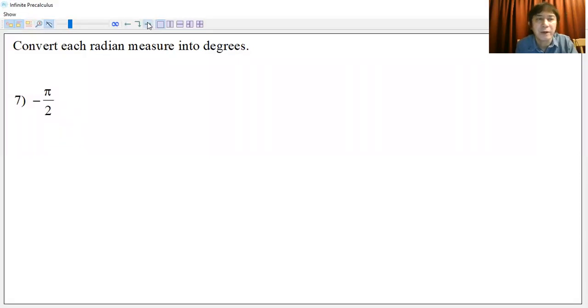Here's number 7. Convert each radian measure into degrees. So it's from radian to degree unit. Let us start with the given. The given is negative pi over 2, and this is radian measure.